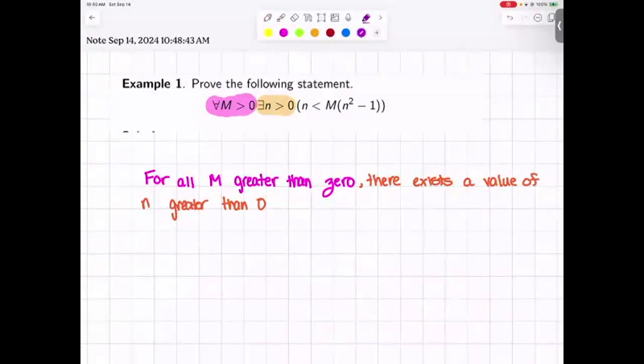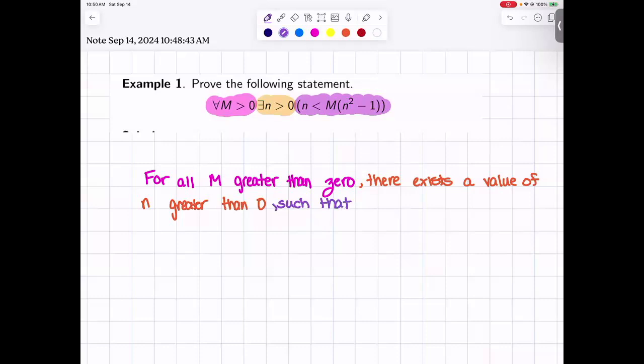And in that last little piece here, we're going to go with such that n is going to be less than mn squared minus 1. That's what we're going with here.